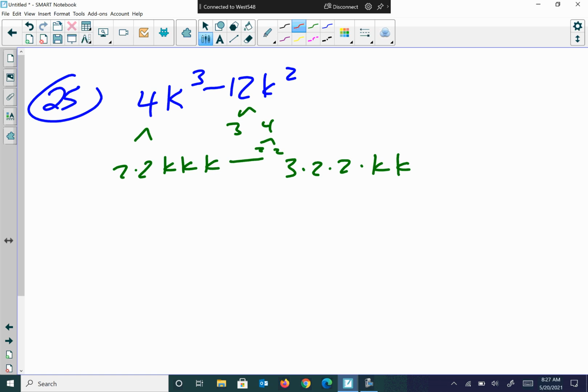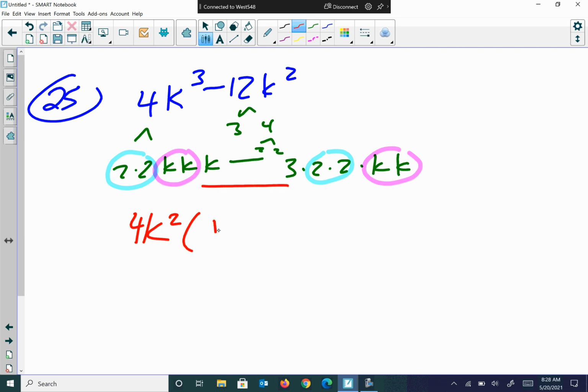And it looks like I can factor, I have 2 of these, and I have 2 of these. There's no more numbers to factor. Then I can factor out 2 of these and 2 of these. So that leaves a 4k squared outside, minus, just k minus 3. Is that C?